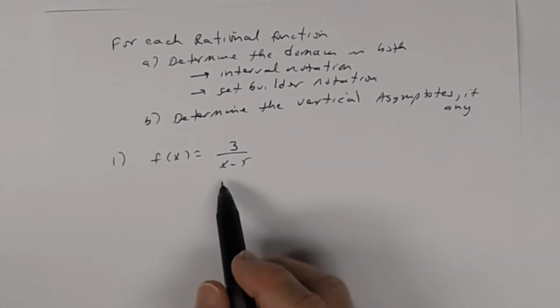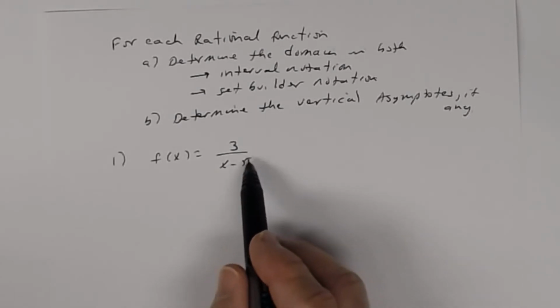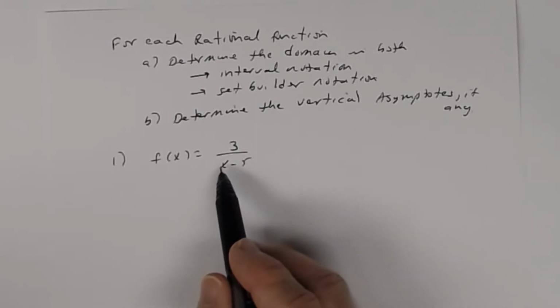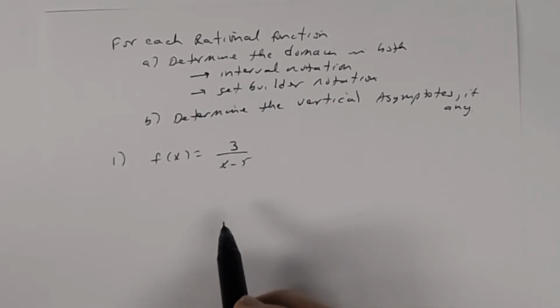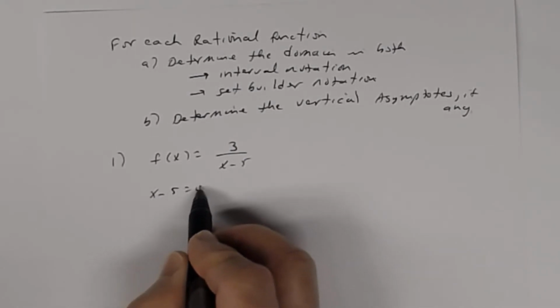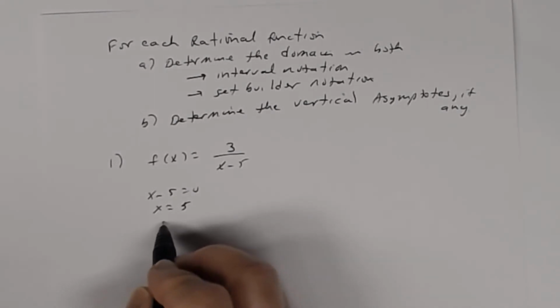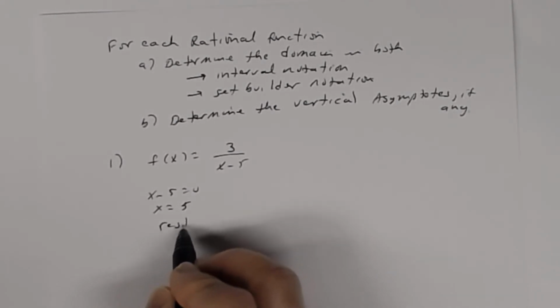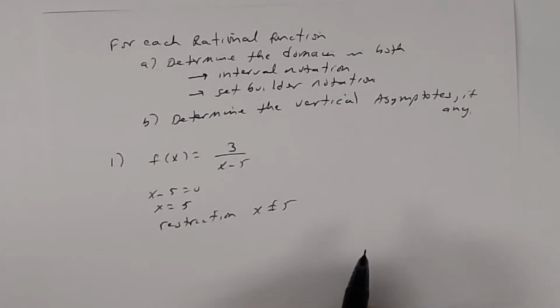In a previous lesson, when you found the domain of this, all you did was find what makes this denominator 0. What are the zeros of this polynomial that's in the denominator? All you did was set the denominator equal to 0 and solve for x. That is the restriction. The restriction is that x cannot equal 5.